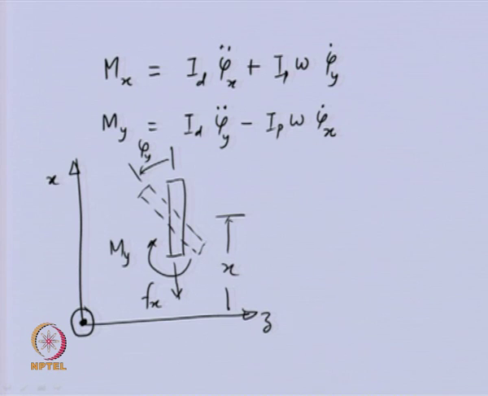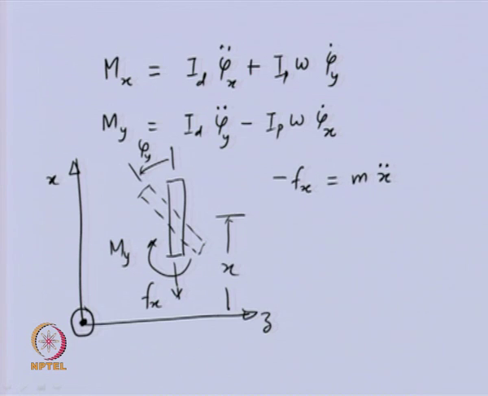So, now we can write the force balance. First, let us say in the x direction. The summation of all the external forces in the x direction should be equal to the mass and the acceleration of the disc in that direction.